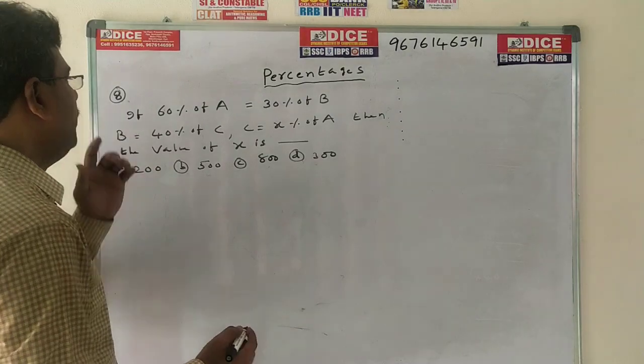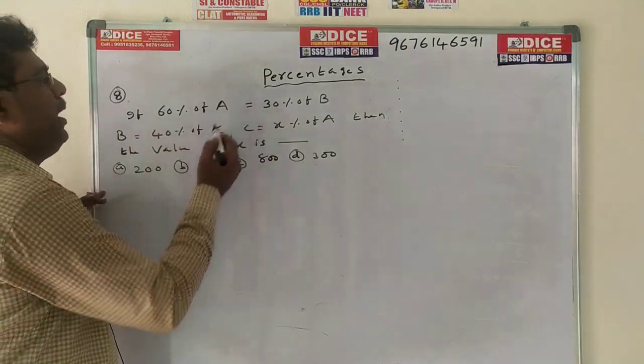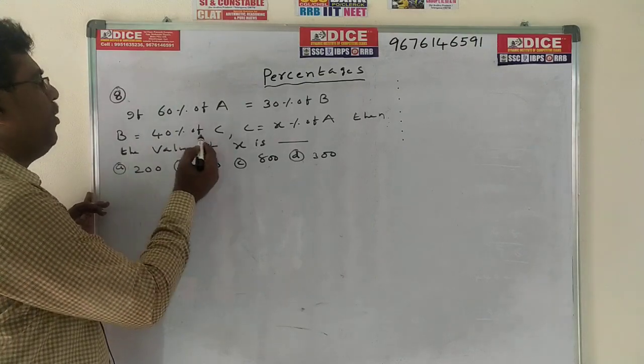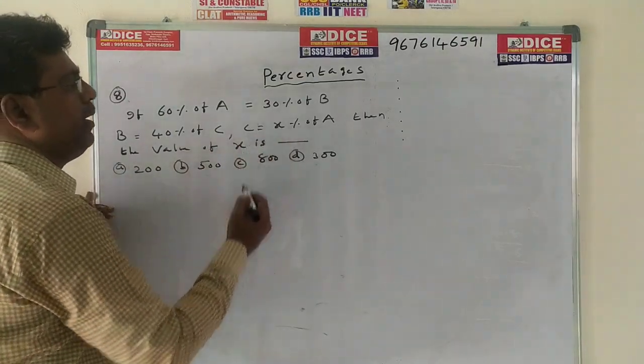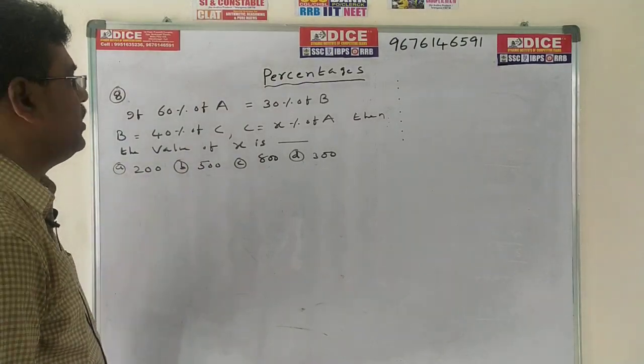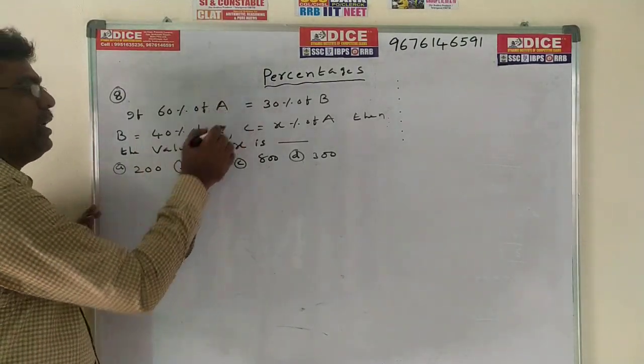Now come to this problem. If 60% of A is equal to 30% of B, B is equal to 40% of C, C is equal to X% of A, then the value of X is dash. Now see, first we can find out the conditions in sequence.